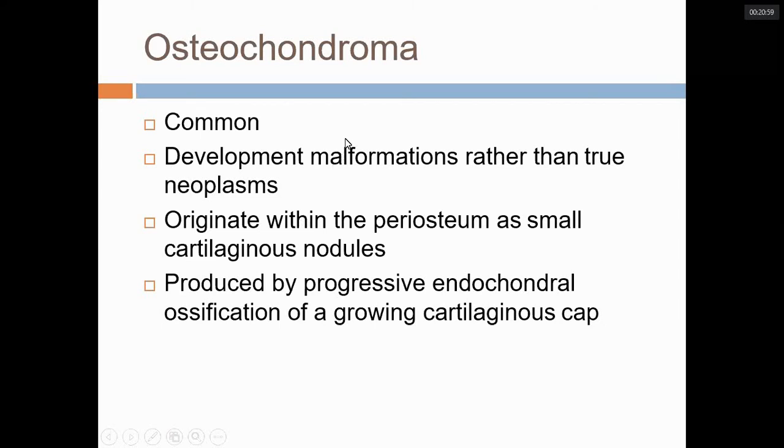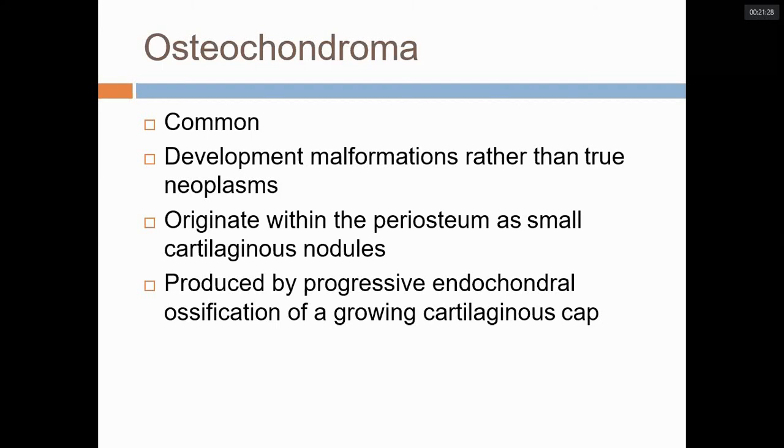Osteochondroma. This is the most common benign tumor of the bone in the body. Okay, the most common true benign tumor of the bone is osteoid osteoma, but the most common benign tumor of the bone is osteochondroma.